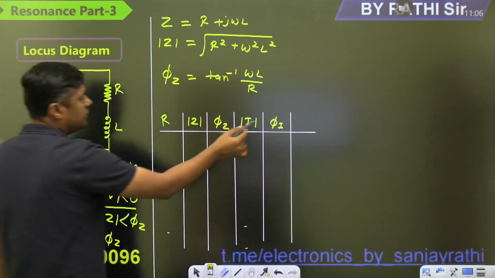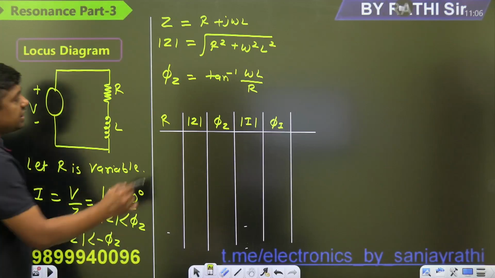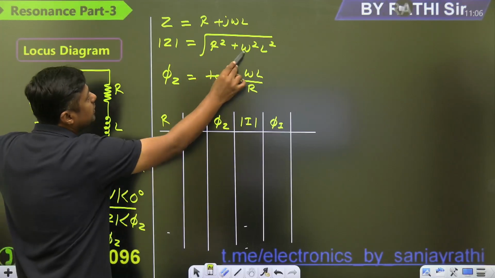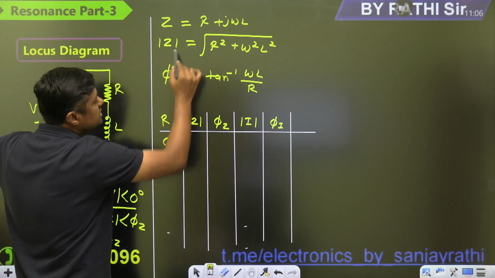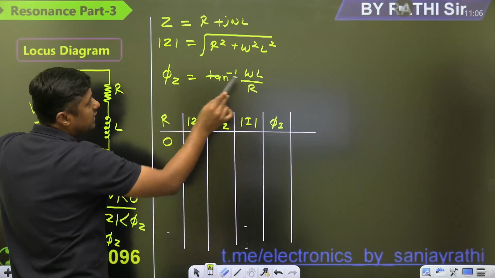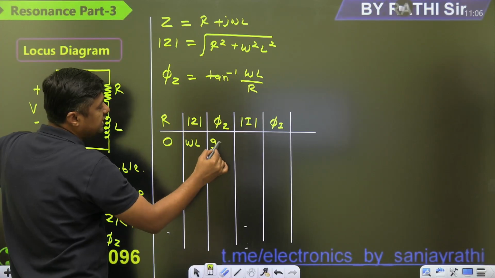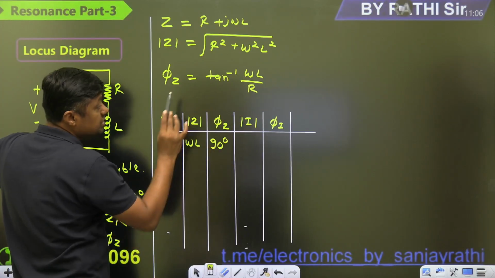This is the minus of that phi Z. Now, if R is variable, focus on that. First of all, R is 0. It will become omega L in magnitude, because R is 0. And when R is 0, what is 1 by 0? Infinity. What is the tan inverse of infinity? 90 degree, it is positive.